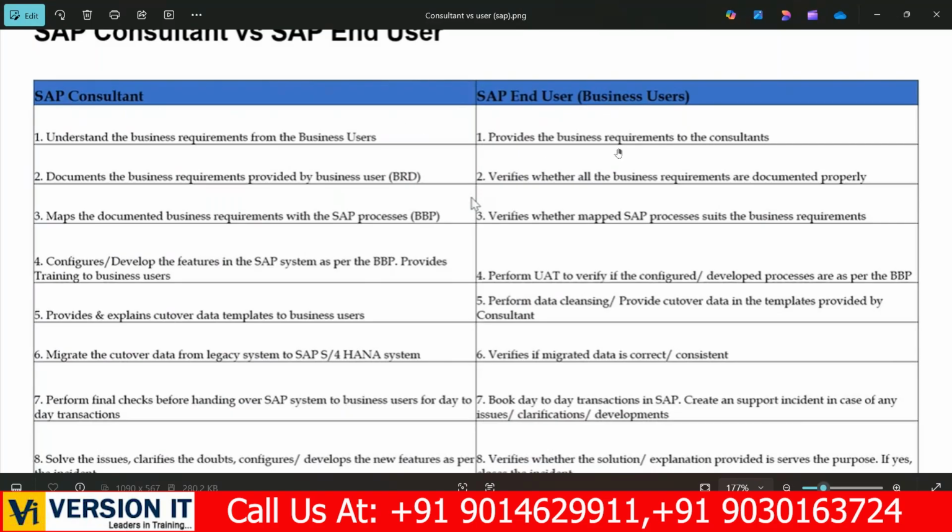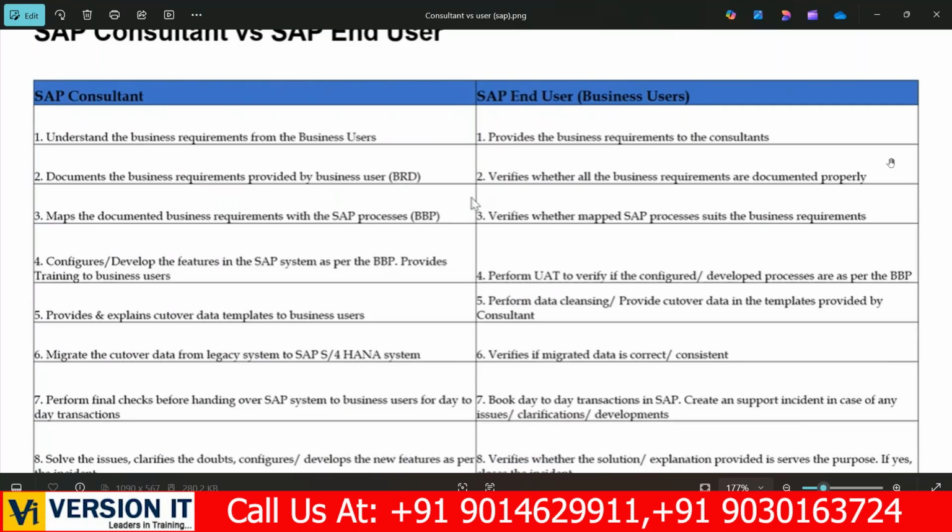Now step 4. Verify whether all the business requirements are documented properly.